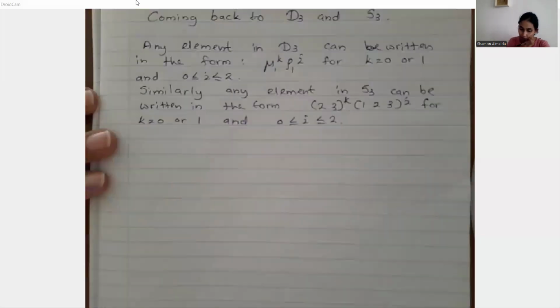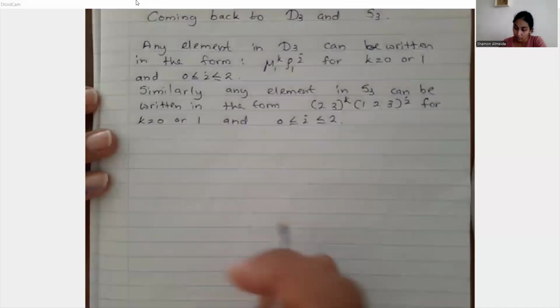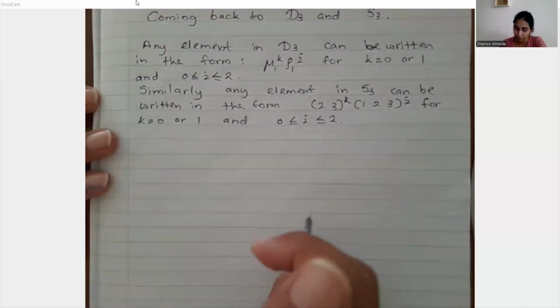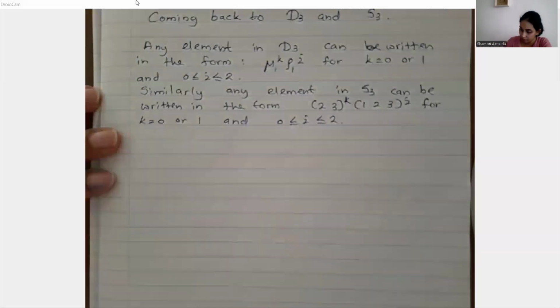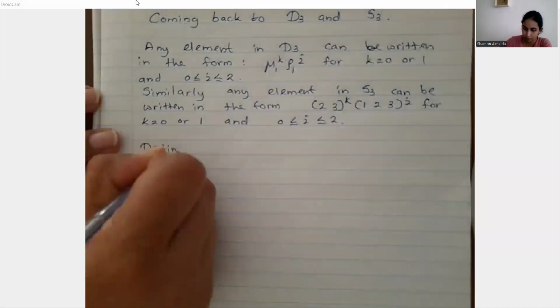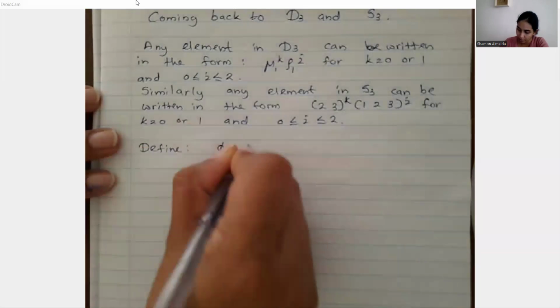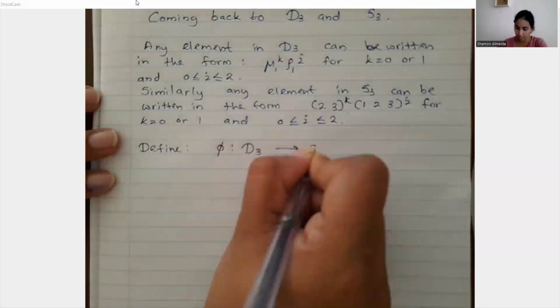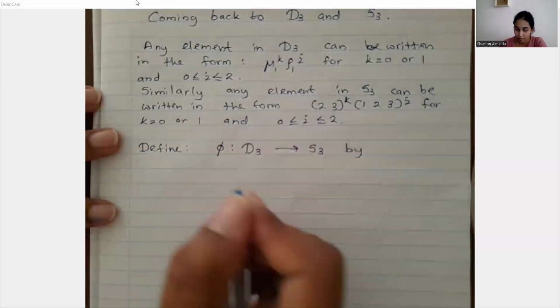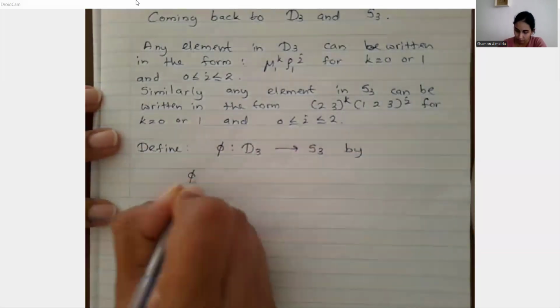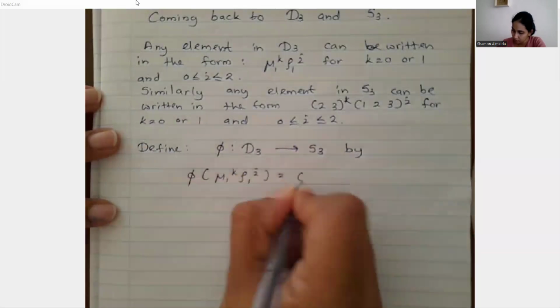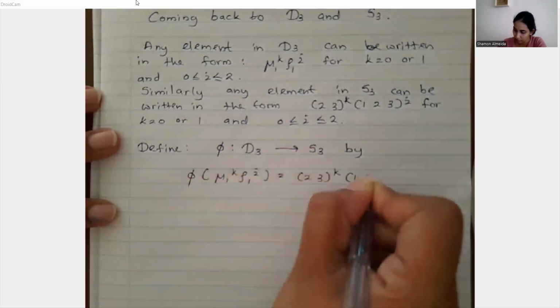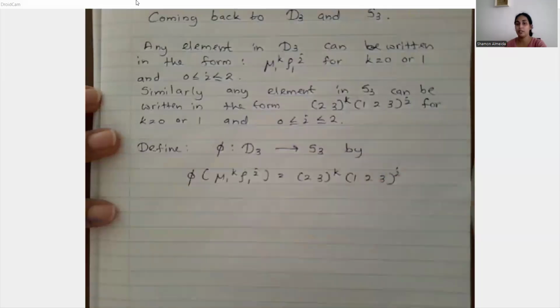Now let's define phi from D3 to S3 by mu1 to the k rho 1 to the i mapping to (2 3) to the k (1 2 3) to the i. What exactly is happening over here?